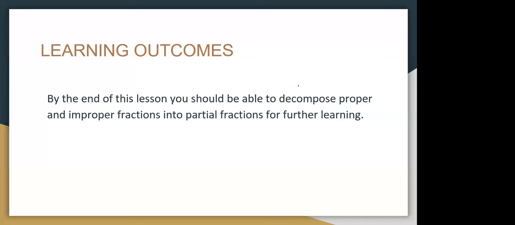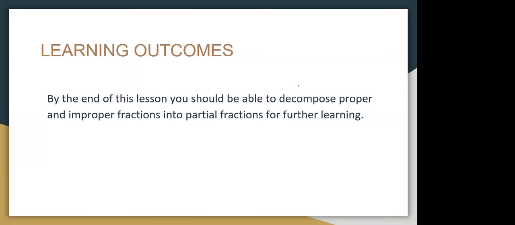So if you want to know whether the fraction is proper or improper, we look at the numerator and the denominator. So if the degree, okay, we were using the degrees last week.